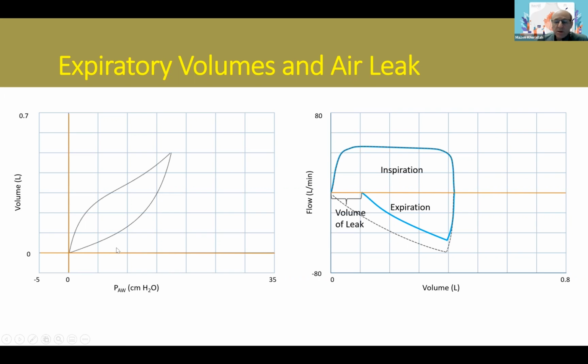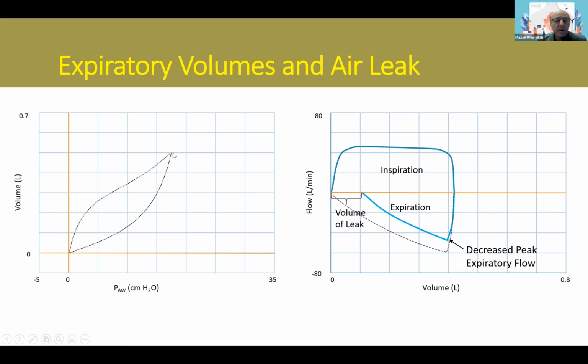On the pressure volume loop, we talked about the decreased peak expiratory flow. Notice here there's no PEEP. So I go from zero expiratory pressure to the inspiratory pressure, and that results in the tidal volume.